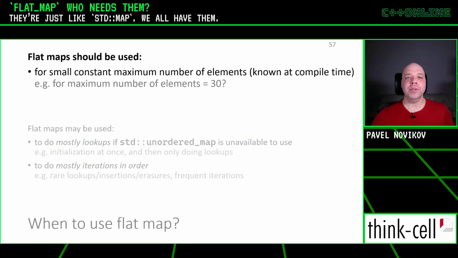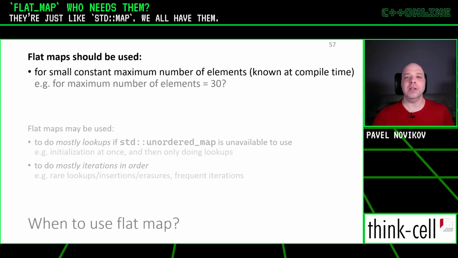So at this point, we can roughly outline when you can use flat_map. I would suggest that you can use flat_map when the maximum number of elements is constant and small. For example, if you have a maximum of 30 elements at all times, and this does not depend on user input, so it cannot exceed these 30 elements, you can use flat maps.